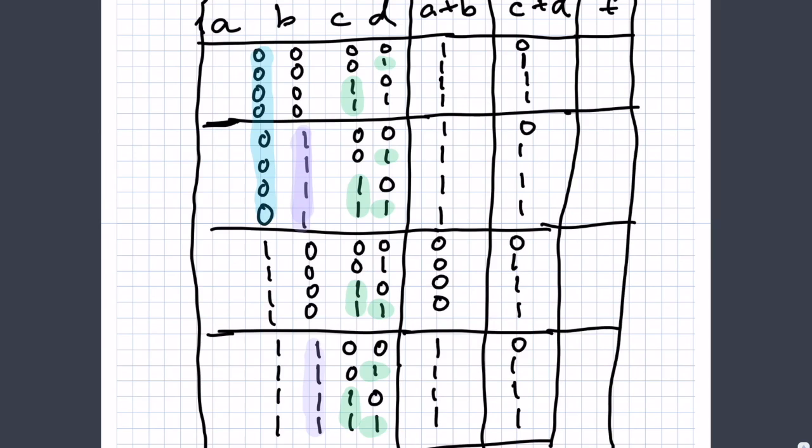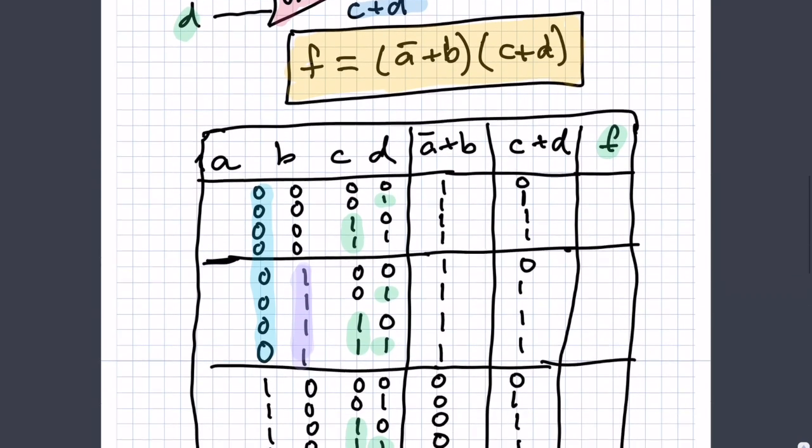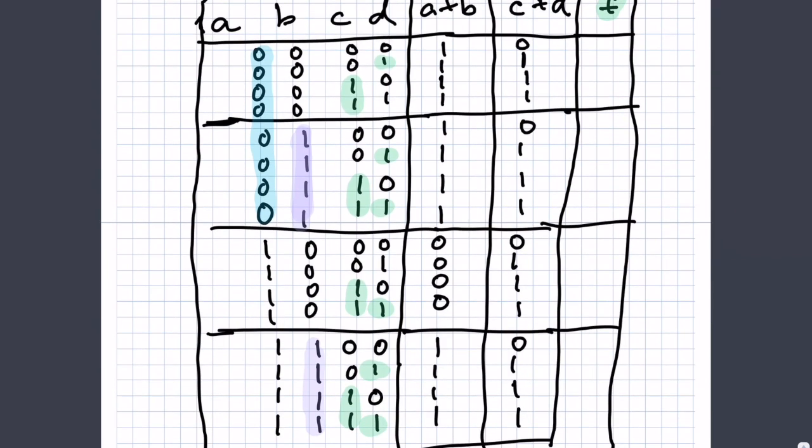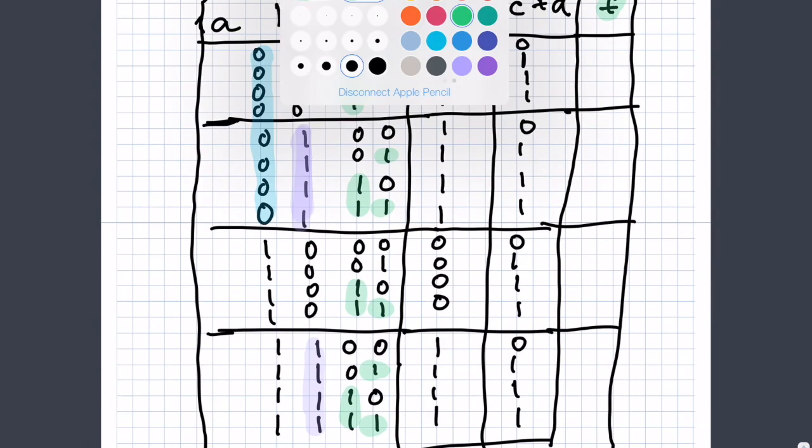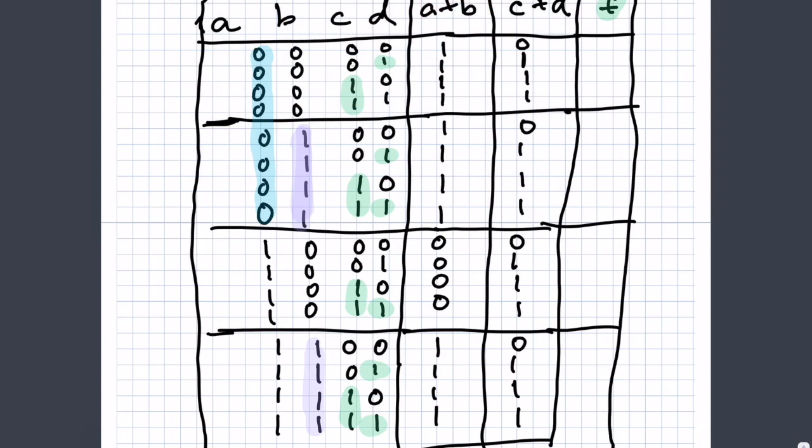Alright, so from there we're looking at the total logic expression for F, and we go back to the answer. It's just the ANDing of these 2 columns. So what I'm looking to spot is the places where both these columns are 1. So here, here.